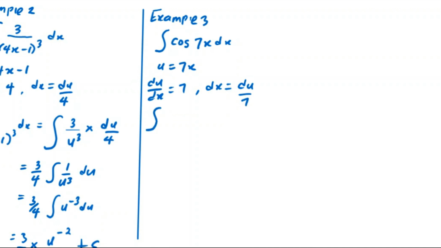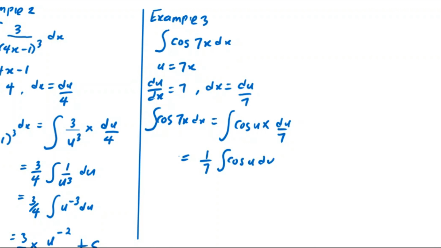It therefore means that the integral of cos 7x dx will give us the integral of cos u, since 7x is now u, times dx, which is now du divided by 7. You factorize 1 over 7 out, so that will be 1 over 7 integral cos u du.